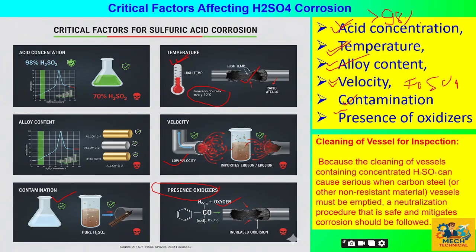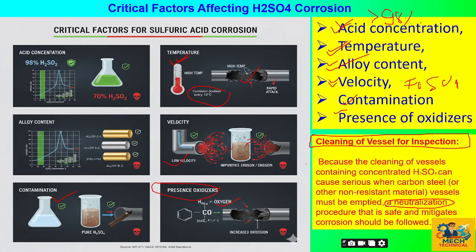Now the most important thing is when we are cleaning a vessel for inspection, for handover of the vessel, we have to ensure that prior to putting the water in the vessel or tank for cleaning, we have properly neutralized the vessel with a caustic, basic chemical.